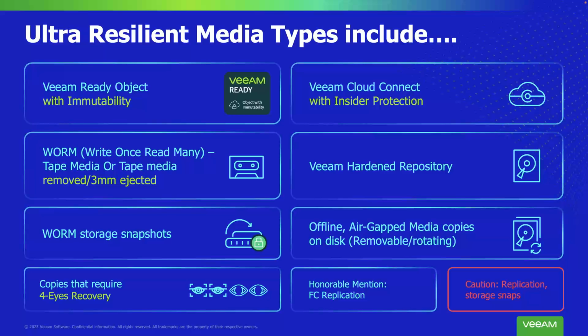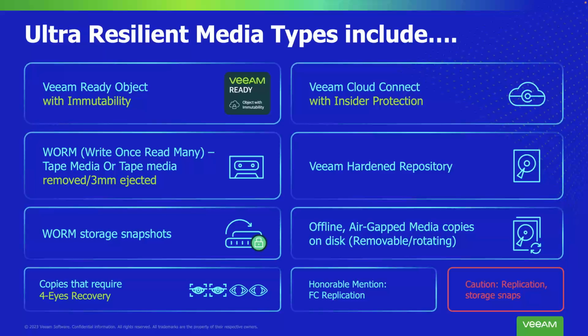On top of that, you have Cloud Connect capability, which our VCSP offers to our customers. This is a capability whereby for a subscriber or tenant using our Veeam Cloud Service Provider backup as a service offering, the VCSP can turn on insider protection for the customer.